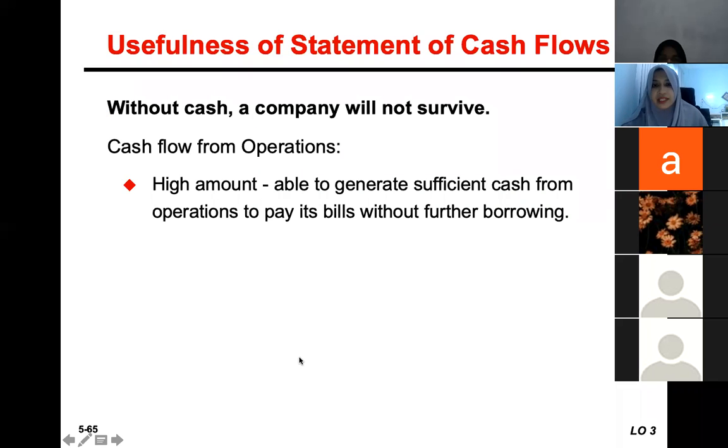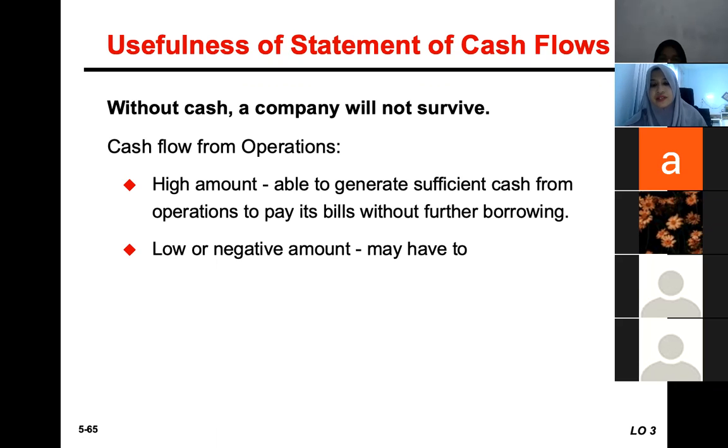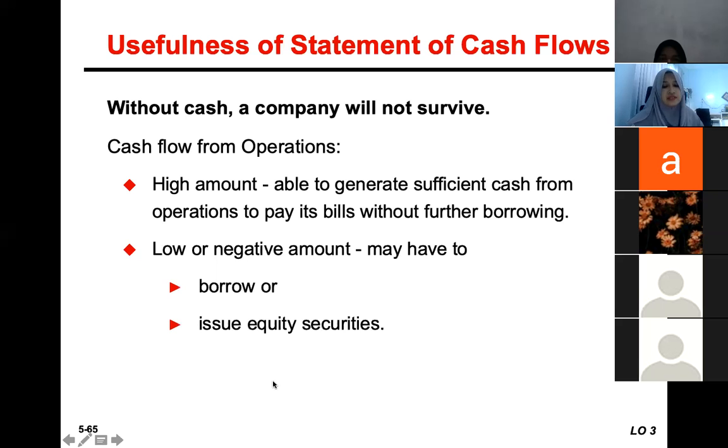Okay, always remember that cash is the main weapon of the company to survive. Yeah, without the cash, they cannot do anything. No matter how high the profit is, the net income is, without the cash, the company cannot operate. So it's very important for the users in identifying whether the company's cash flow is promising, whether they have sufficient cash flow to operationalize the activities.